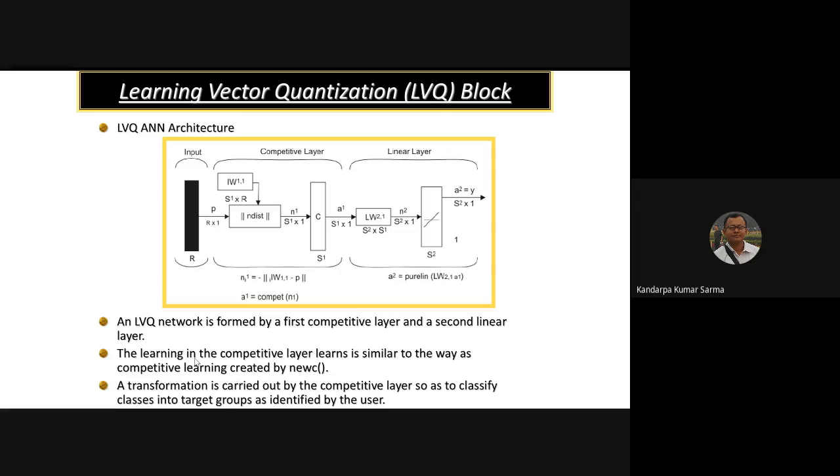The learning in the competitive layer is similar to the way competitive learning is carried out by the function newc. So here you have a competitive layer where unsupervised learning will take place, but in the linear layer there shall be supervised learning taking place. A transformation is carried out by the competitive layer so as to classify the classes into target groups as identified by the user.